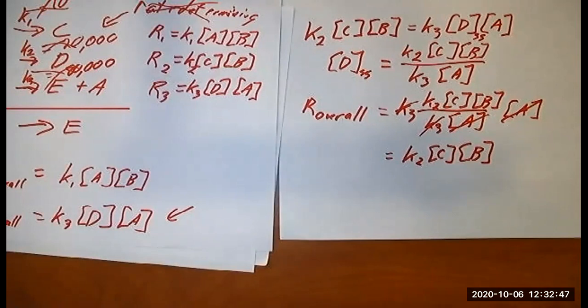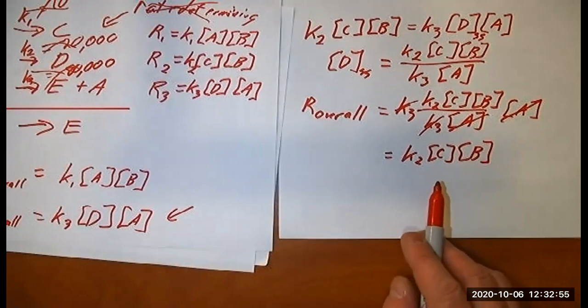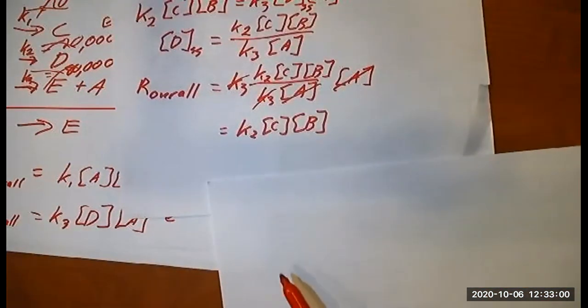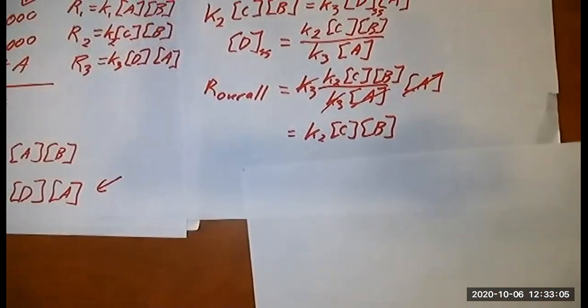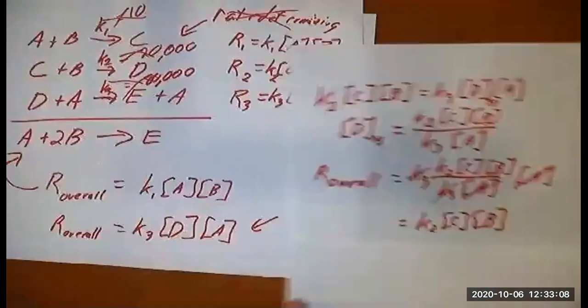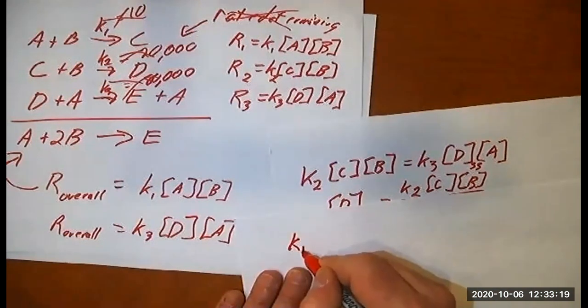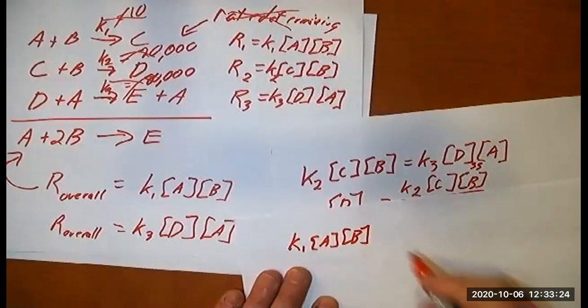Now let's see if we can do the same thing for C, because C is also an intermediate. We're trying to get rid of all the intermediates in the course of the analysis we're doing. So, what is the rate of production of C? Let's bring that over here. R1. So the rate of production of C is K1 times concentration A, concentration B. All right.